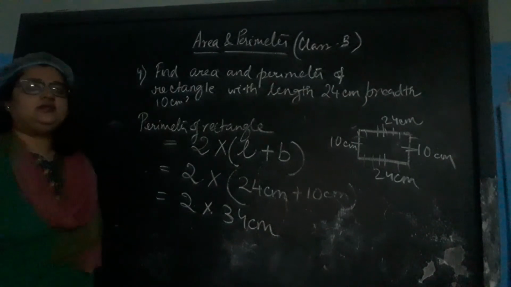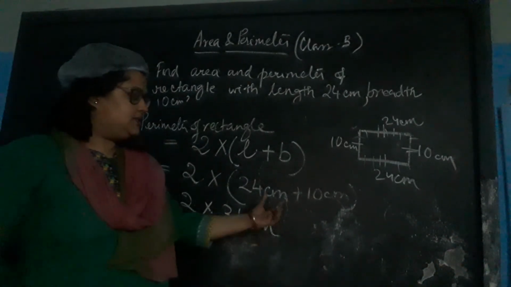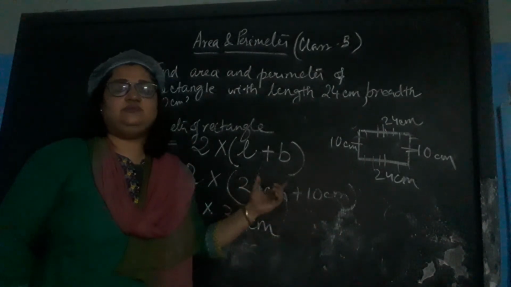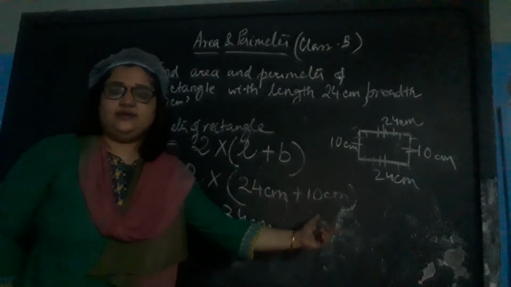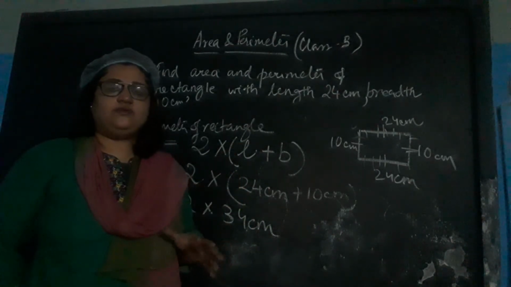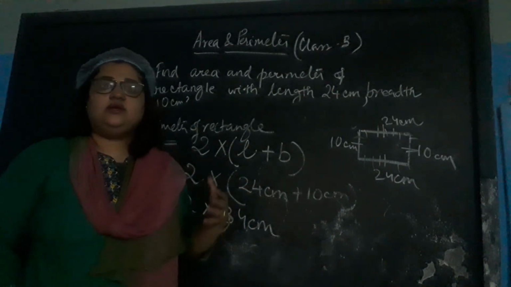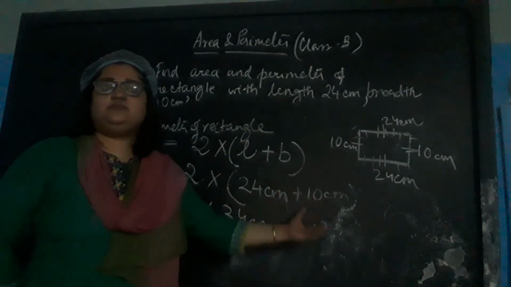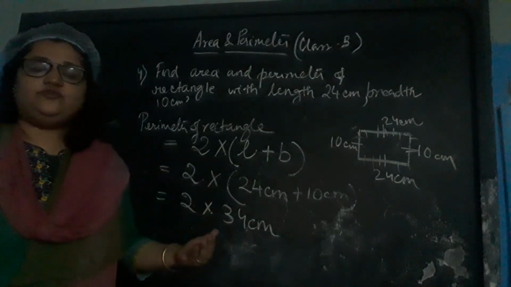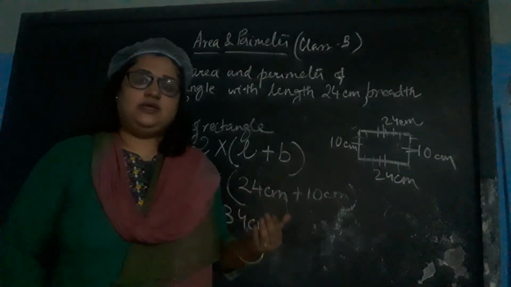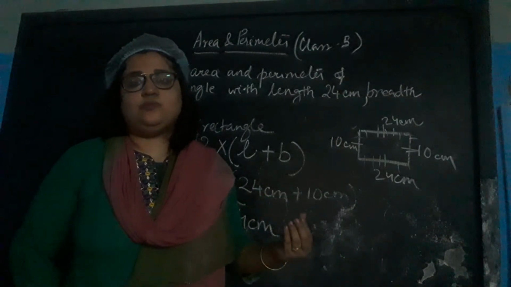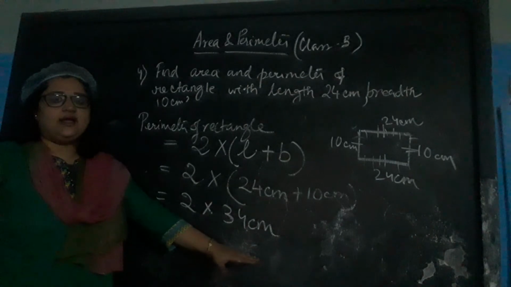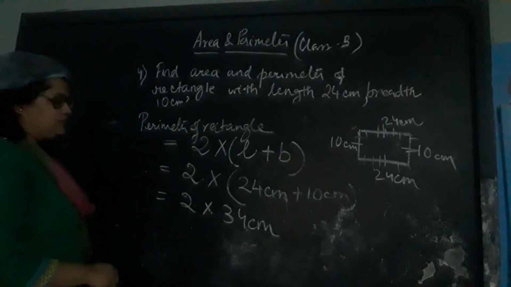Now why have I written centimeter here? Because if it was multiplied, it would give centimeter square. But when it is added, suppose I told you that 3 pencils plus 2 pencils makes 5 pencils. Similarly, 24 centimeters plus 10 centimeters will make 34 centimeters. Only in case of multiplication, similar units will have square units. Otherwise, you will just add and simply put the single unit.